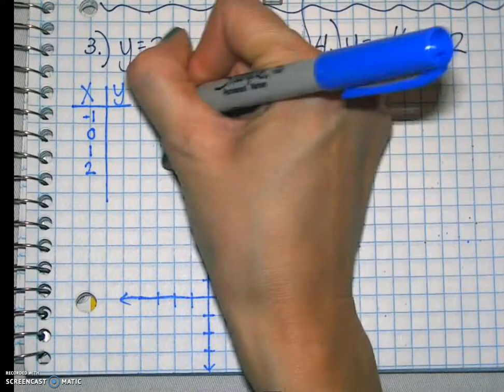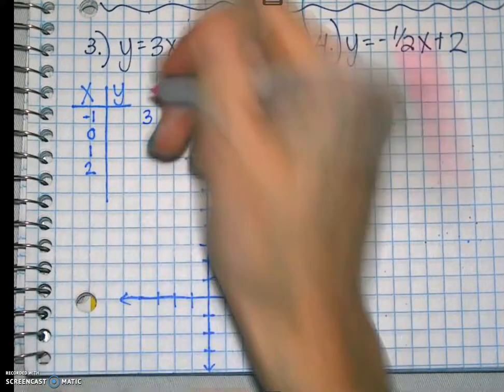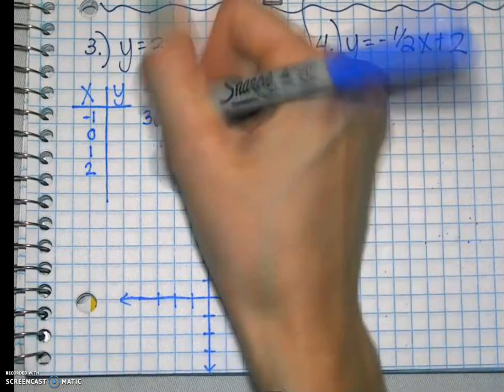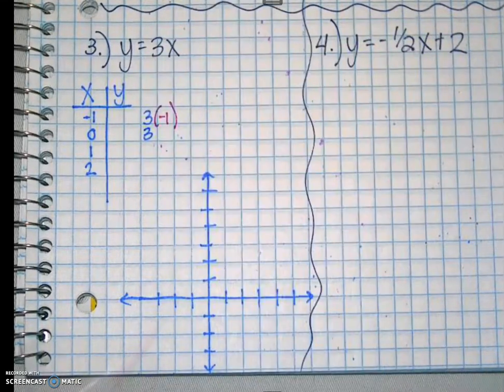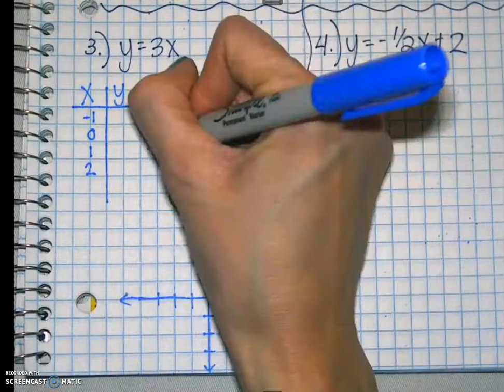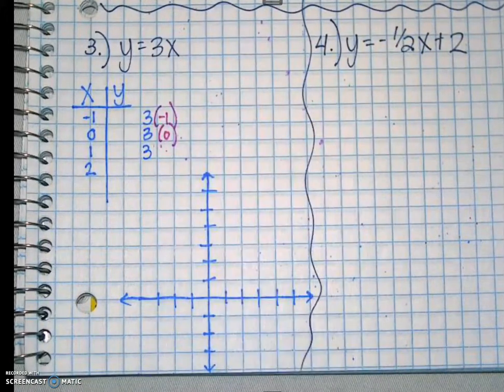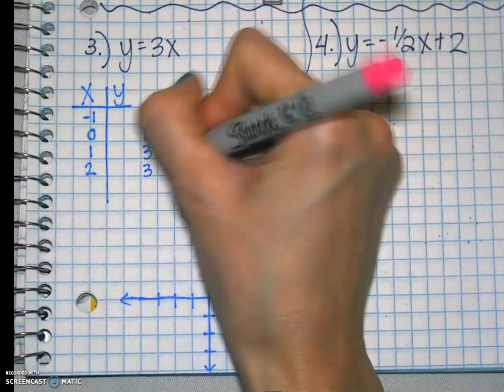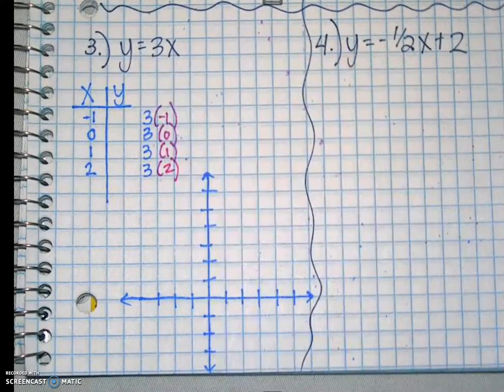So that means you would have 3 times -1, 3 times 0, 3 times 1, and 3 times 2.